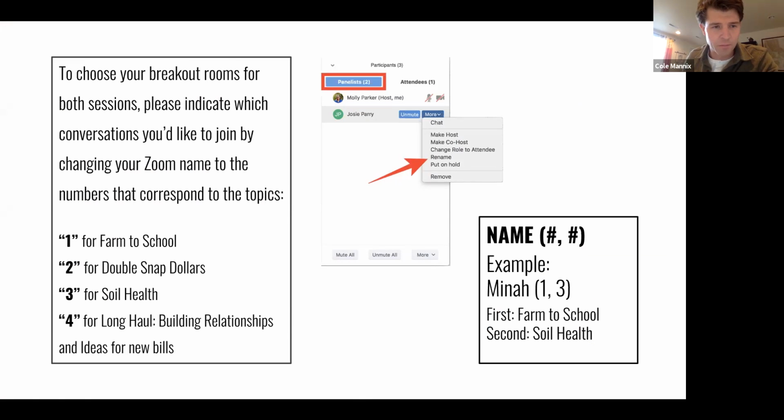And by selecting 1 and 3, for example, you could direct Minna to put you in the farm to school discussion and the soil health discussion, or 1 and 2, farm to school and double SNAP. And that's how you can choose where you'd like to spend your time. And then, once we break out into rooms for 2 sessions, we'll come back to the main room to close and to make sure that you're signed up for legislative alerts.